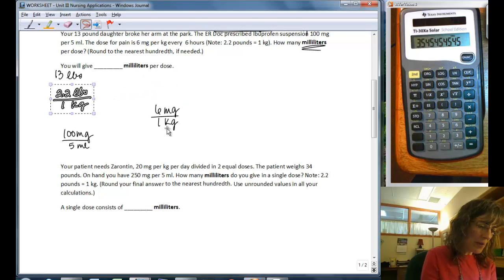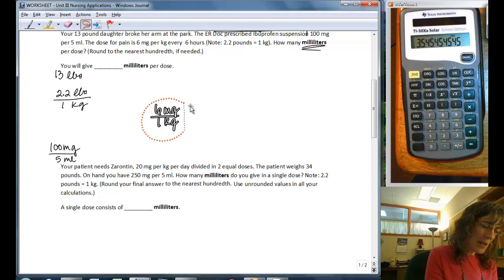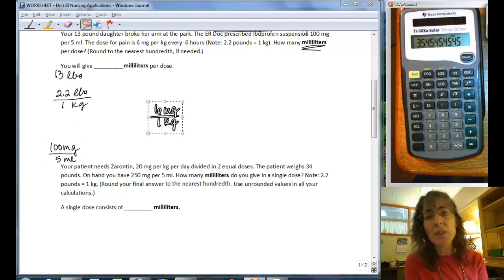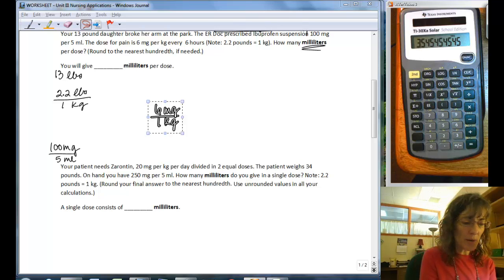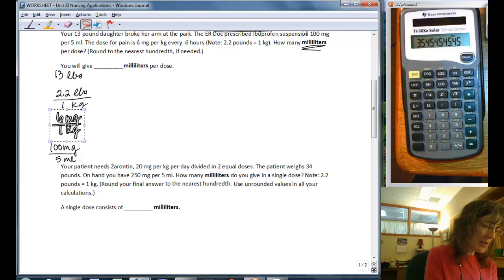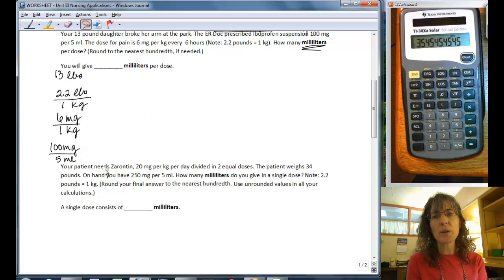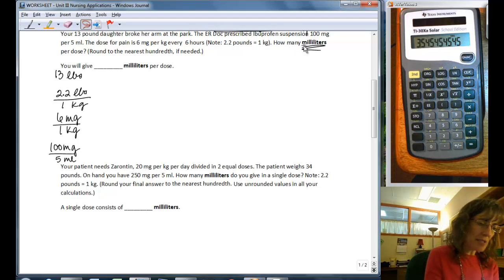Next, put that right over there. And then I'll have things in kilograms. So once I have kilograms, then I can convert to milligrams using this conversion. And then the last conversion I'll need is the milligrams to milliliters. And since I am finding milliliters, again, I need all of these. So let's start off, see where we can put things.